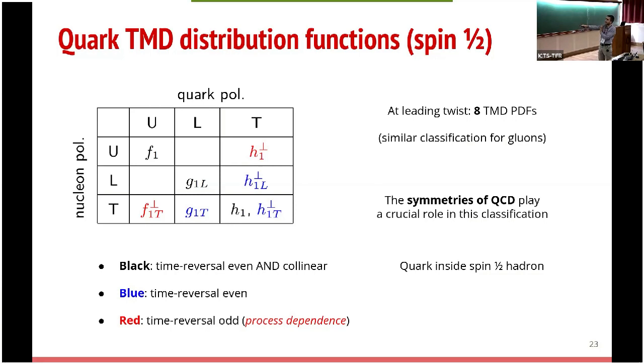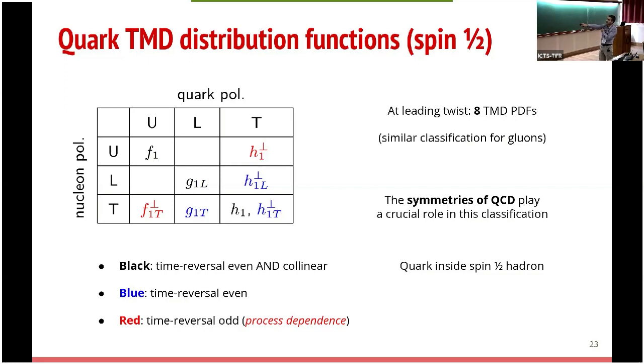So F1 is the TMD PDF for an unpolarized quark in an unpolarized nucleon. F1T perp here is the Sivers function. So it's the TMD PDF for an unpolarized quark in a transversely polarized nucleon. Let's look at the color code, and the same thing holds for the other ones.